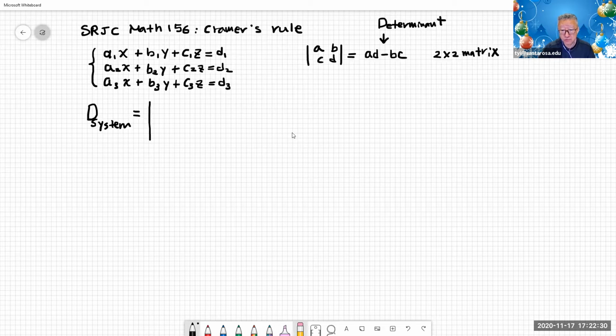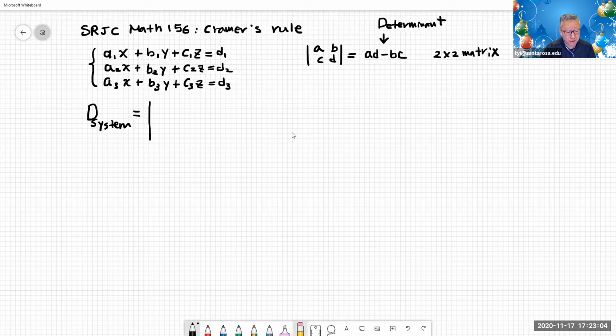But we're going to have to use a different way to find a determinant for the 3 by 3 matrix. And then we are going to use that determinant to find the solutions. Okay, so there are two steps here. The first step is to find the determinant for the system x, y, z. And once you find the determinant, then you're going to use it to find the actual solution.